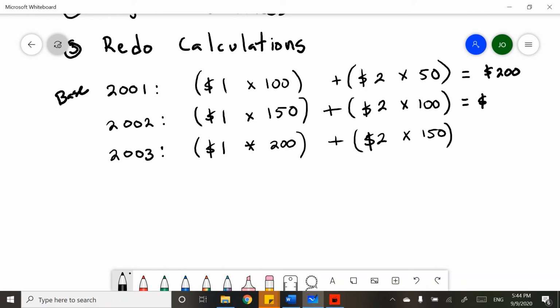The second number will give us 150 plus 200, which equals 350. And finally, 200 plus 300 equals 500. This is what our real GDP looks like.